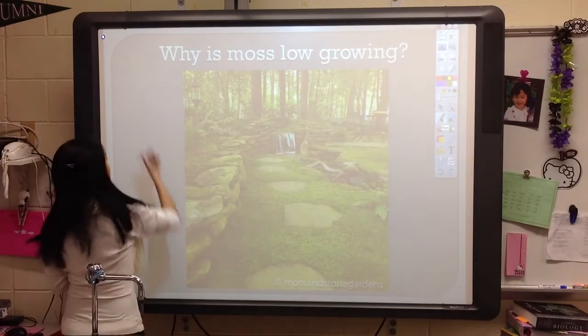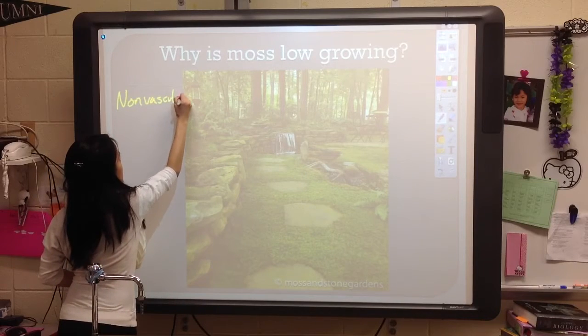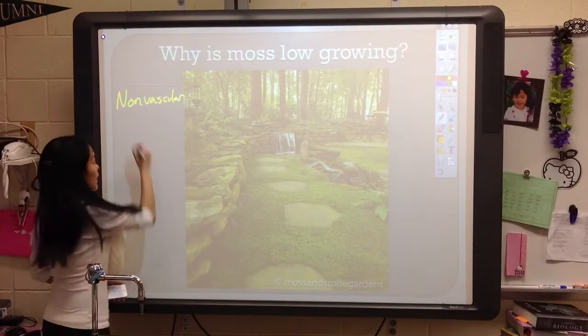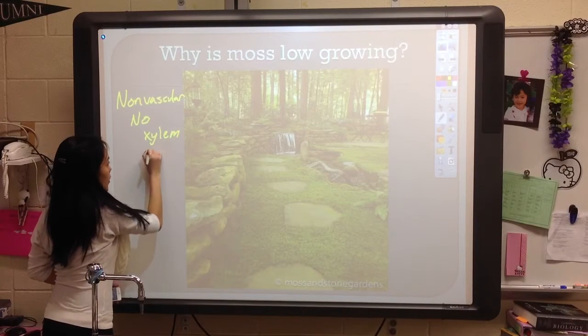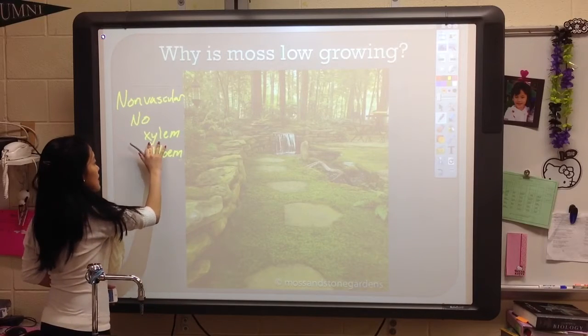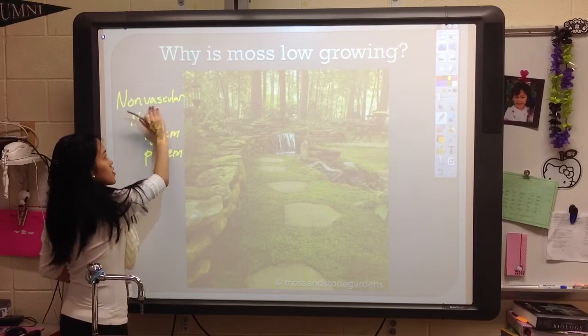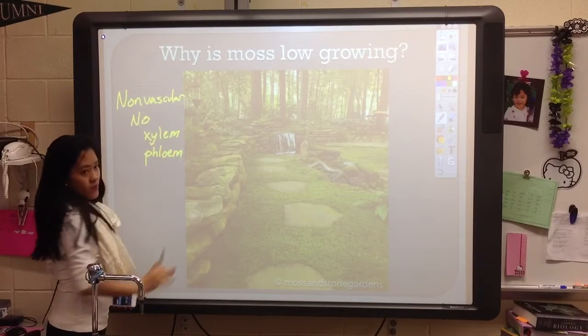If you are non-vascular, that means that you do not have xylem or phloem. And this should make sense because xylem and phloem are vascular tissue, and if you're non-vascular, that means you don't have any of those.